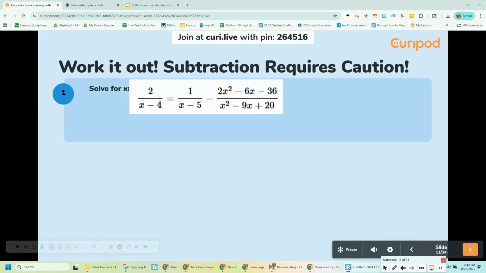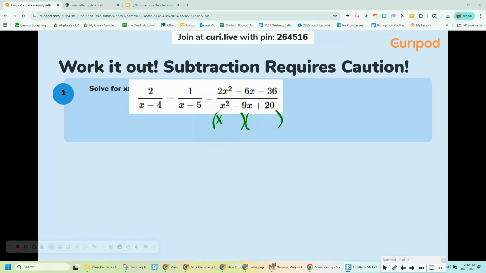All right, first thing we're going to do is factor the denominator here, x squared minus 9x plus 20, into its linear form. And that's going to give me, what are the factors of 20 that add up to negative 9?